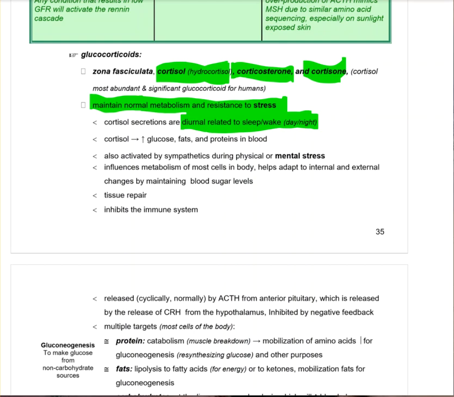And so cortisol levels start to increase in the morning. One of the things that it'll do right away is it wants to get glucose, fats, and proteins in your blood. So it will increase the levels of those things in your blood right away. So we have some fuel, and we have some building blocks and other things that we can use for fuel in our blood. It's also activated by sympathetics during physical or mental stress.